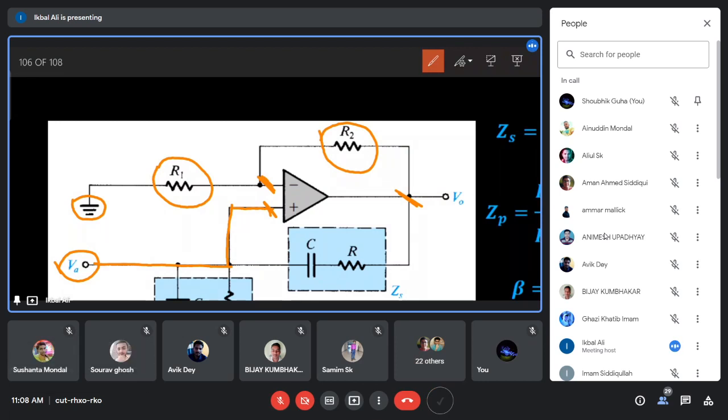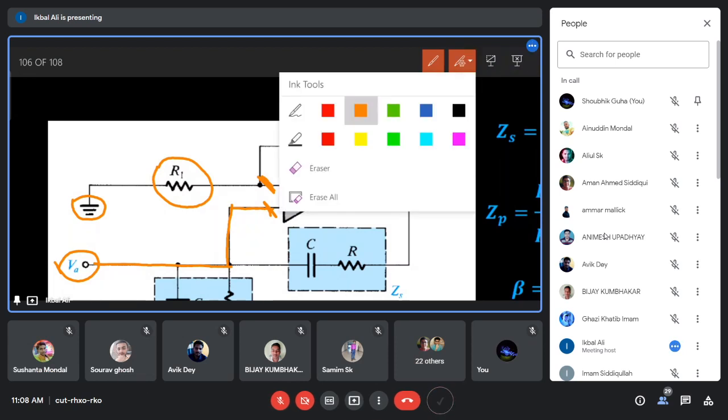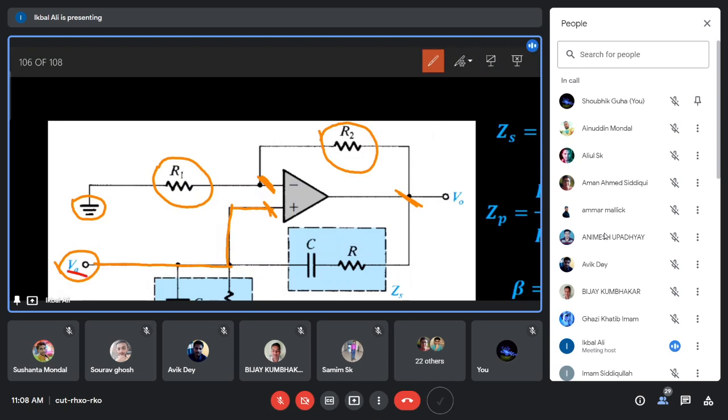So this op-amp's non-inverting input terminal is connected to a source, which is VA. You can think of it like a voltage source connected to the non-inverting input terminal. At the inverting input terminal, you have a resistance R1 between ground and the inverting input terminal, and resistance R2 connected between the inverting input terminal and the output.